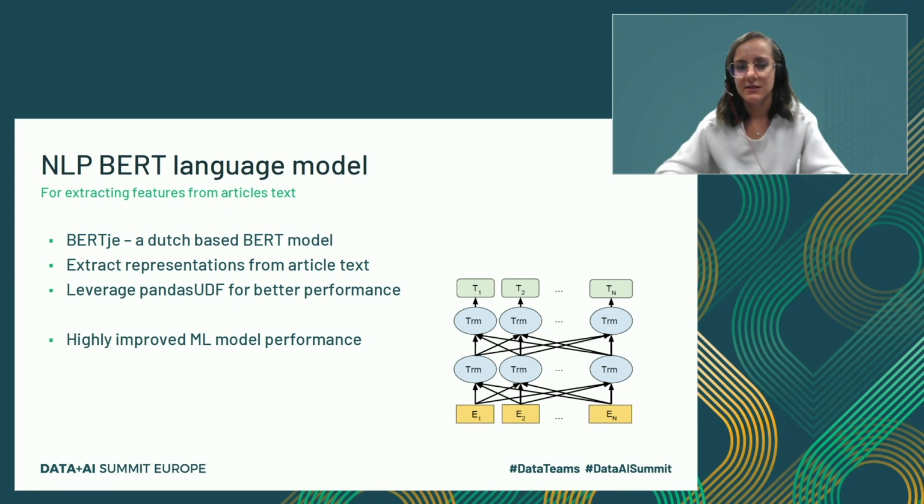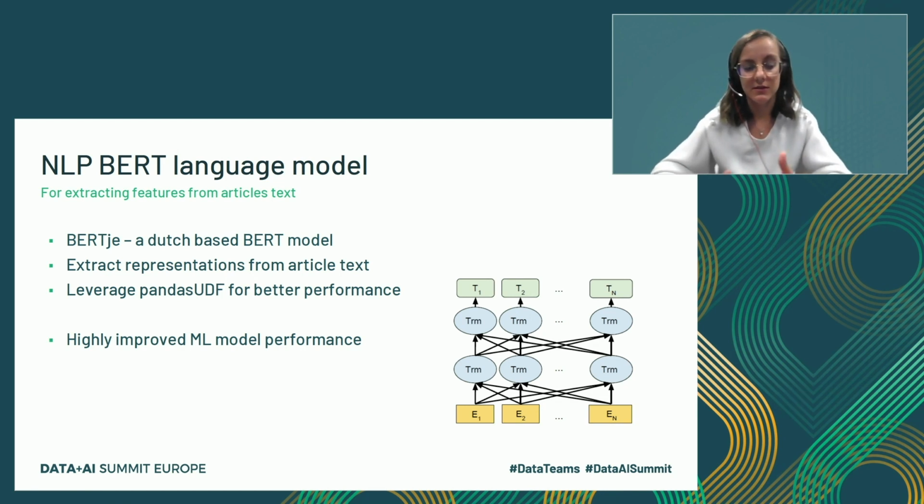Since BERT and transformers became really popular in the NLP community because of the really good results they were giving on many different tasks, we wanted to look at how BERT can help us create a feature representation of the text.